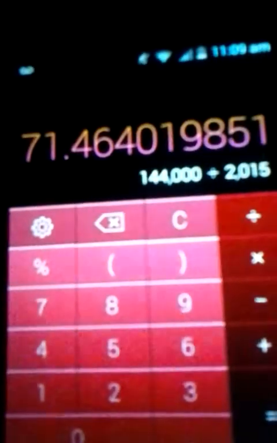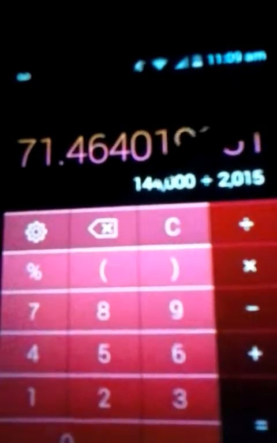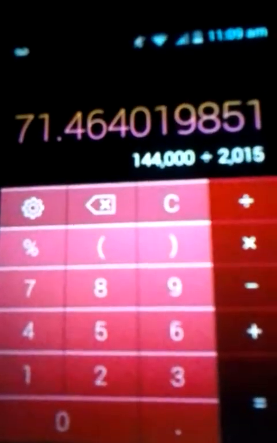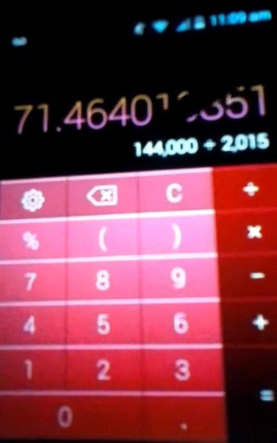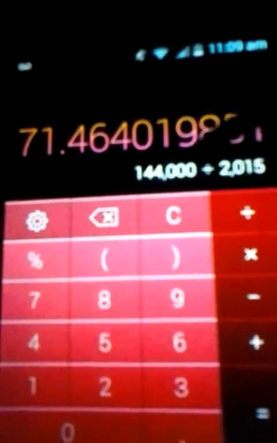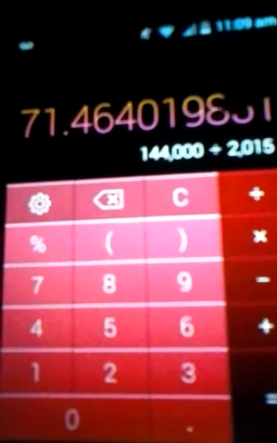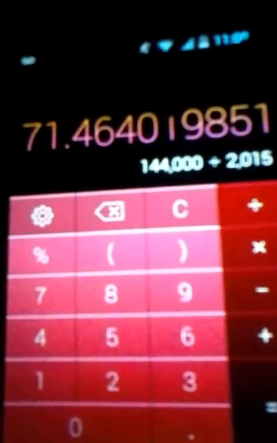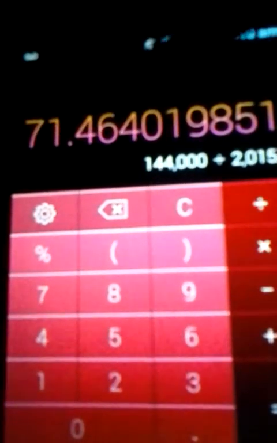Now we're going to see something. Taking 144,000 divided by this year 2015, clearly we can make out all the years it's been since 33 AD. Inside the calculation, it's been 1,985 years since Jesus was crucified. And inside this calculation, clearly we can make out the number 74, which is for Jesus.